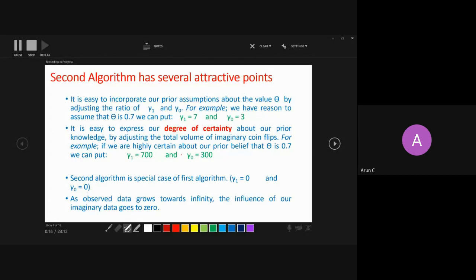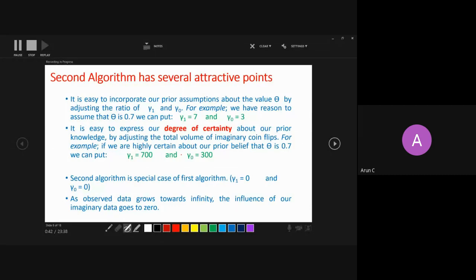Just to bring an intuition, if you toss one time, then the first algorithm says you have a 100% probability of seeing a head. It is really not a realistic measure, because just from one toss, the first algorithm says you have 100% probability of seeing a head. So this is not realistic.